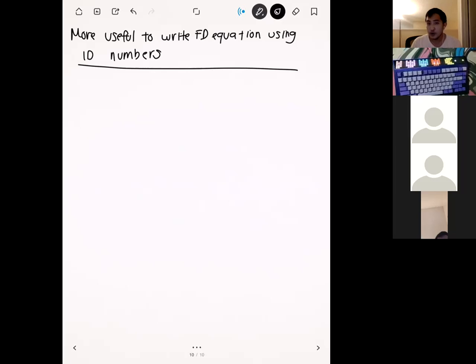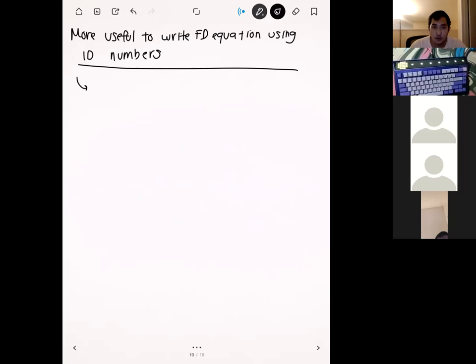The ij coordinates are useful to know where a node is physically located, but when we need to form the equations, it's more useful to have them in terms of their ID numbers.